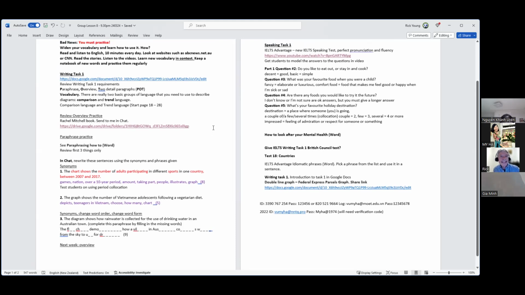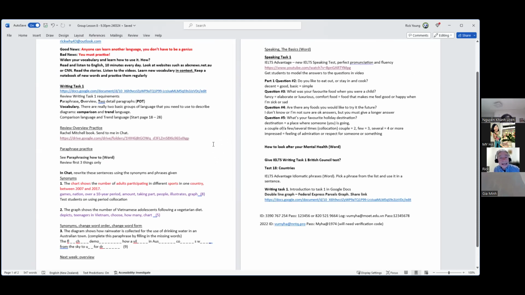So if you want to get a good score in IELTS, a score like 7 or 8, you must be good at paraphrasing. Okay, and that means learning new vocabulary so you know what words are synonyms or mean the same as other words. So as I've said to you before, you should be reading, listening to, or practicing English at least 10 minutes every day.